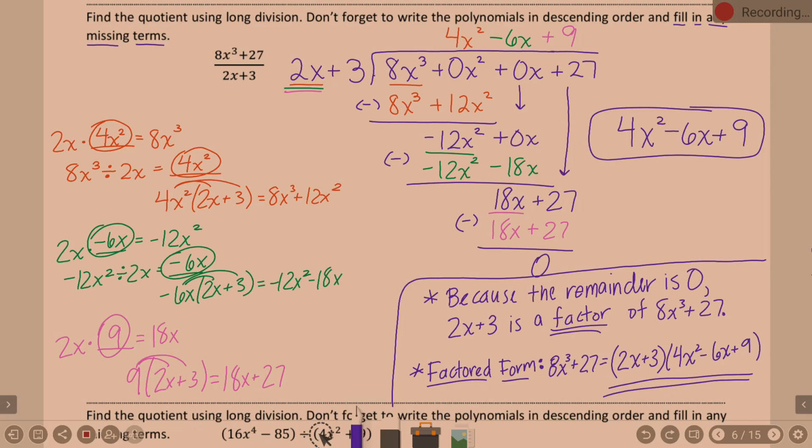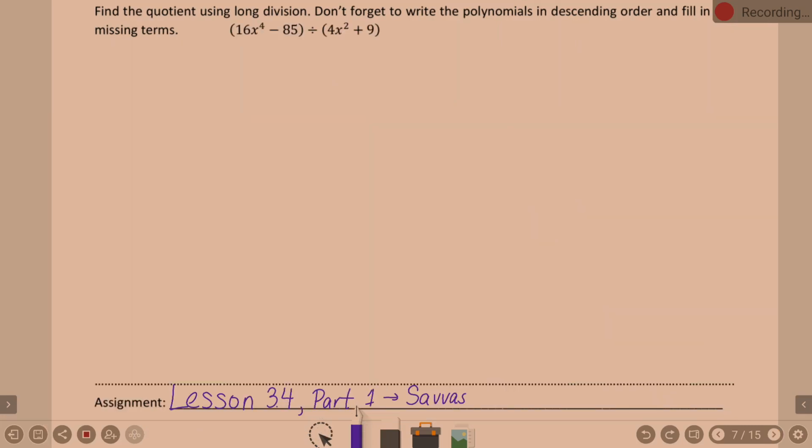Be careful as you set up this last one. It gives you a hint, yes. Find the quotient. Don't forget to write the polynomials in descending order and fill in any missing terms. Okay, guys. As we set this up here, what goes in the box? 16x to the fourth minus 85.